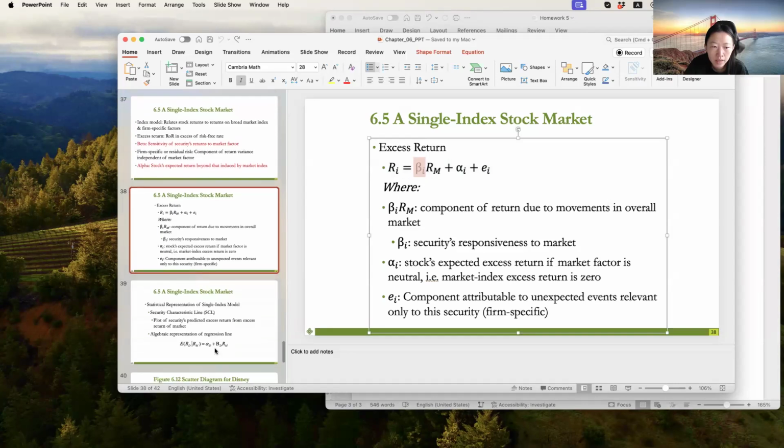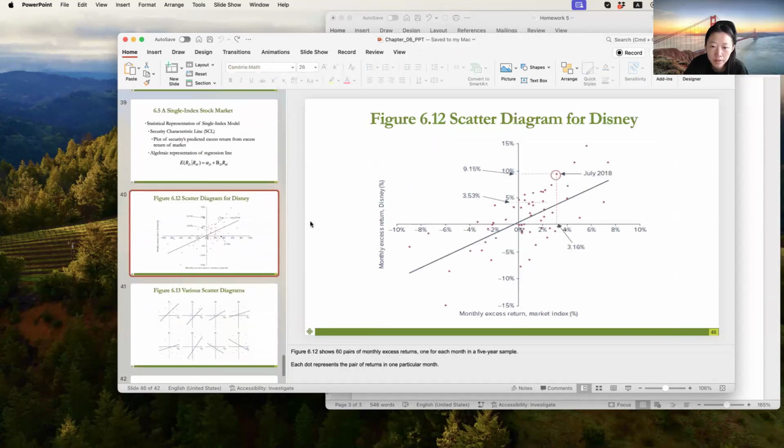You're going to see the graph here. The x-axis is the market return, the monthly excess return of the market index. The y-axis is Disney's, the individual firm's, return.